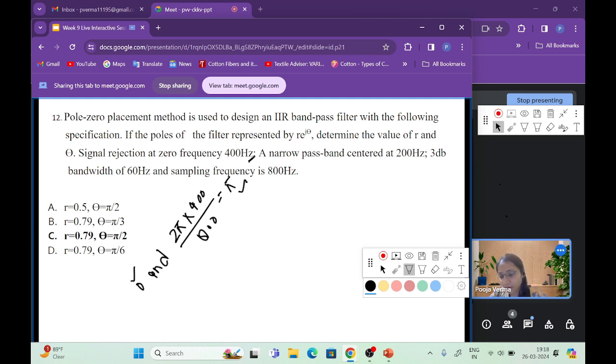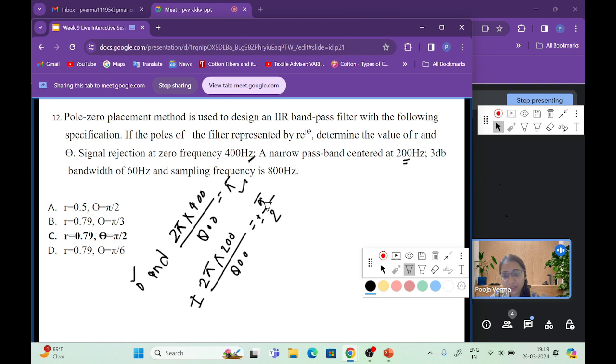The narrow passband centered frequency is given as 200 Hz, so poles should be placed at plus minus 2 pi times that frequency. It is given in hertz, so we need to convert into radians per second. For that we divide the frequency by the sampling frequency, and you will get plus minus pi by 2.